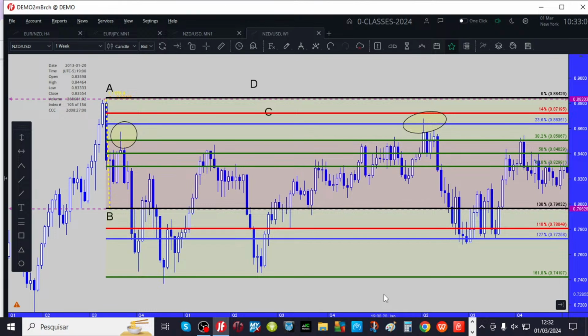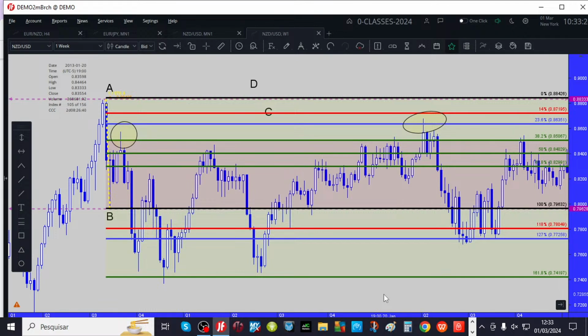The C is the highest point inside the AB boundary before the market hits the appropriate extension. Which one is the highest point inside the AB boundary before the market hits the appropriate extension?